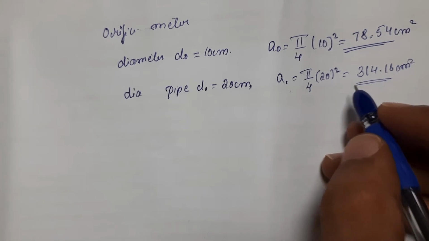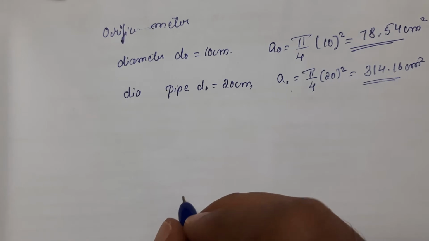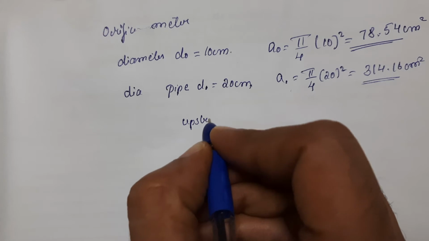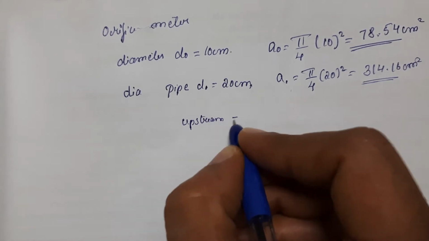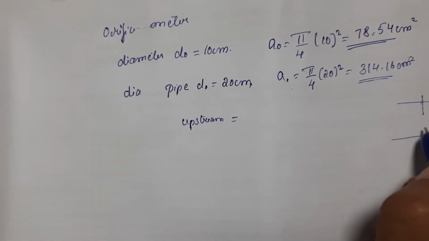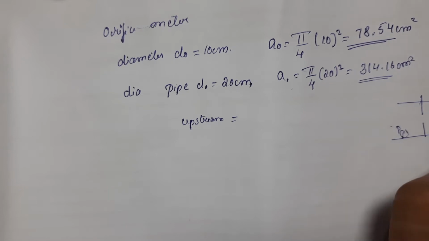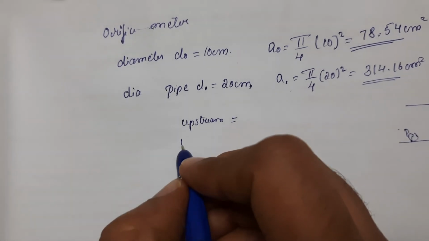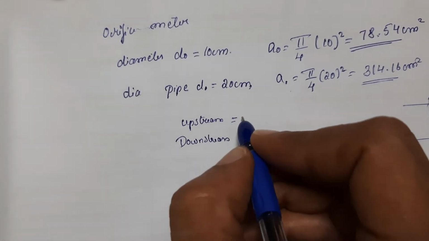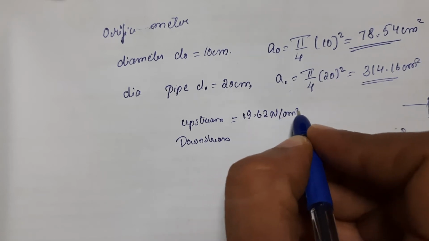Okay, now the pressure is given over here, both in the upstream and downstream. If I consider this pipe here and here the orifice, at point 1, the upstream, the pressure is 19.62 Newton per centimeter square.